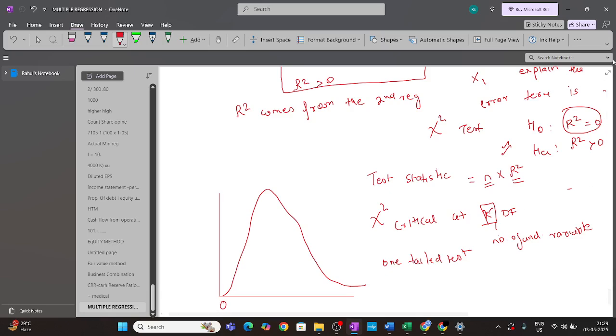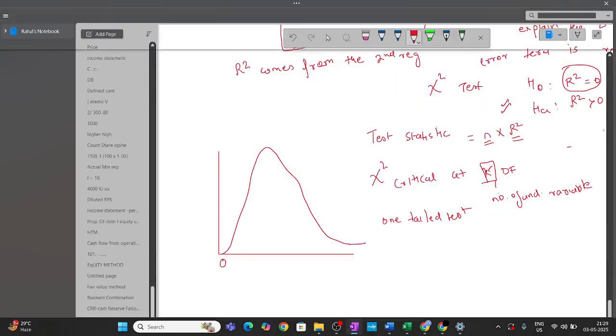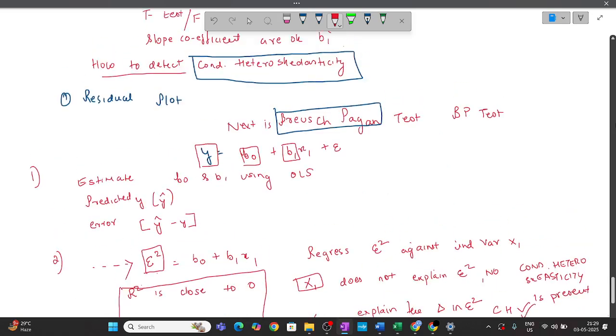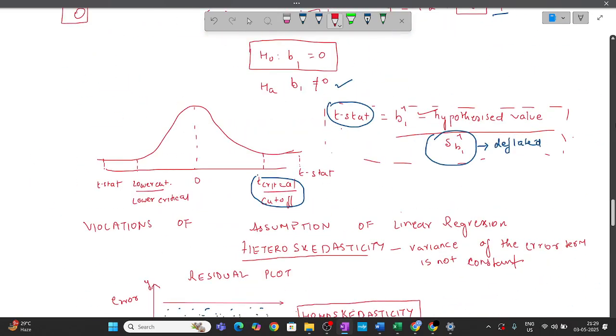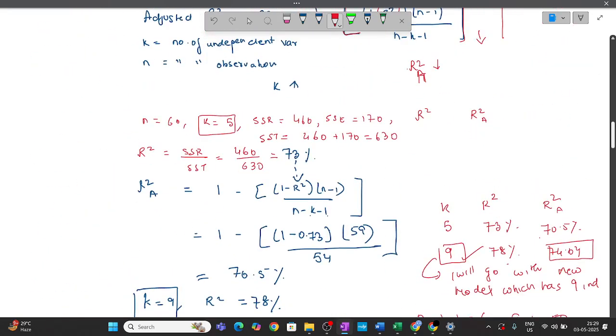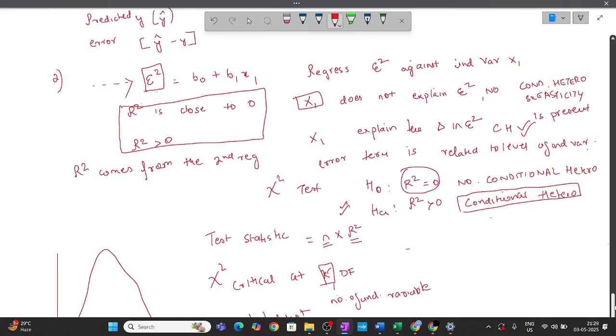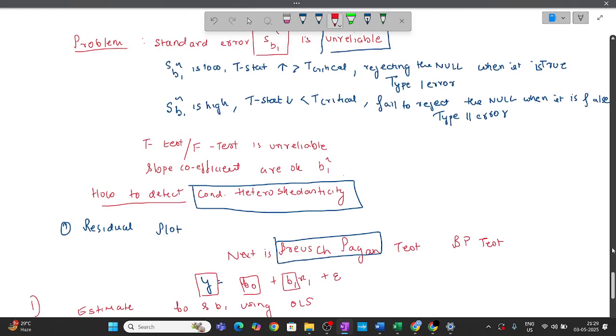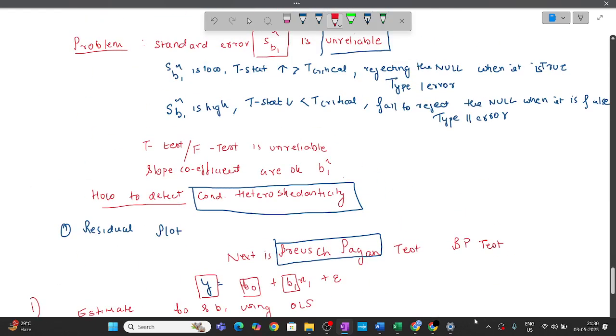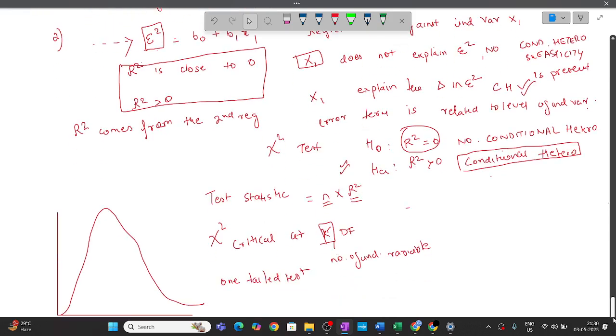ओके, तो ये तुमको एक्सेल में करके दिखाऊं क्या? गाइस, ब्रूश पगान टेस्ट करके दिखाऊं? नहीं सर, समझ गए. तुम लोग क्लियर है कि नहीं? कोई प्रॉब्लम है तो बताओ. पुलकित, क्या प्रॉब्लम है? सर ये K डिग्री ऑफ फ्रीडम के नीचे क्या लिखा हुआ है? नंबर ऑफ इंडिपेंडेंट वेरिएबल्स.